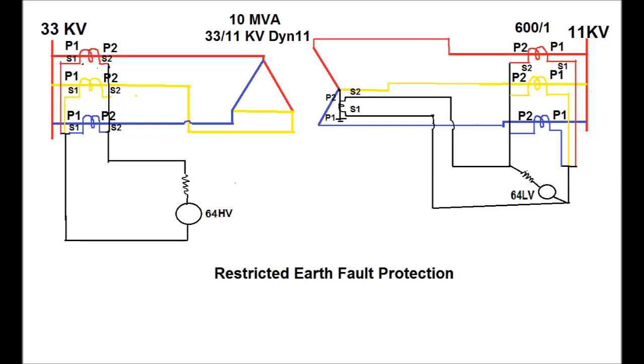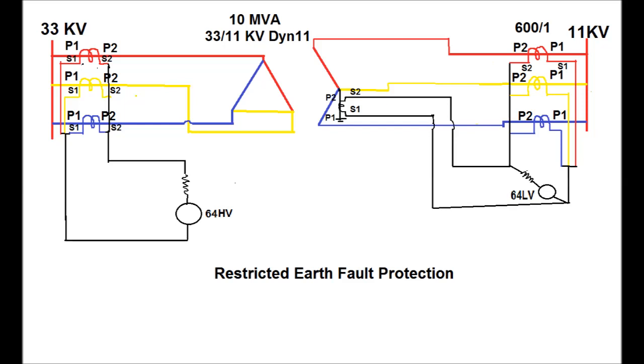The connection is similar to the HV side REF: all the S1 terminals, including the NCT's secondary S1, should be connected together and connected to one end of the 64 LV, that is the restricted earth fault relay, and all the S2 terminals, including the NCT's secondary, should be connected together and connected to the other end of the relay. If any fault occurs in the inside zone, then only the relay operates.